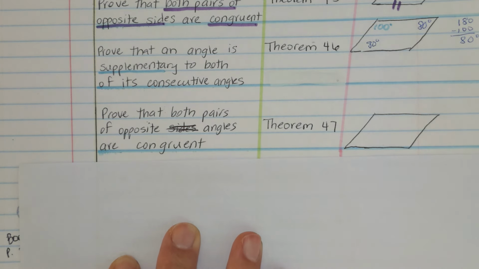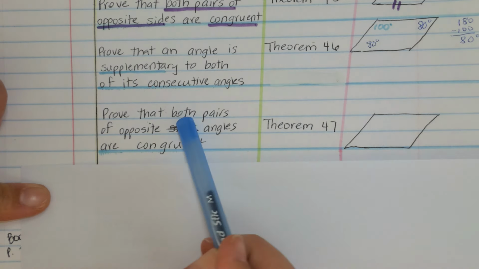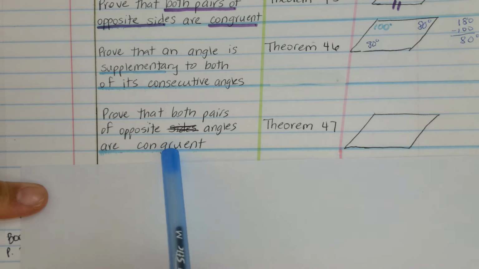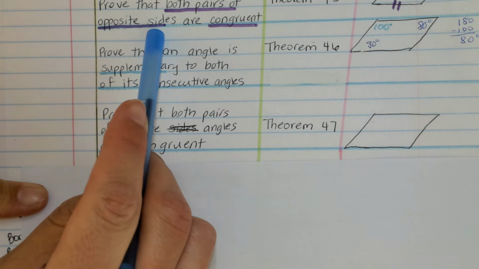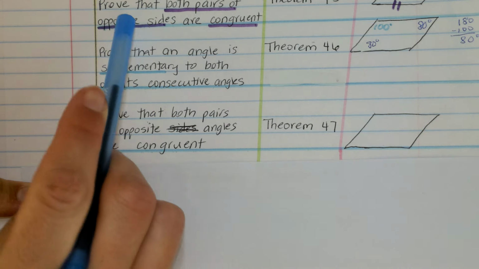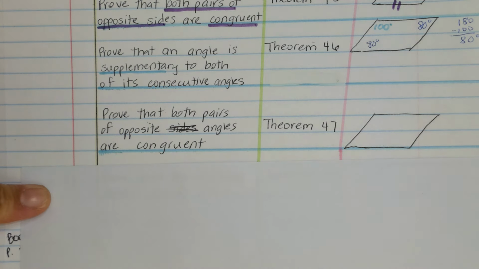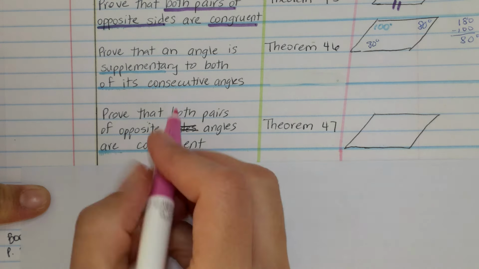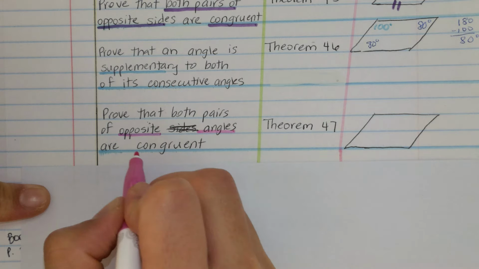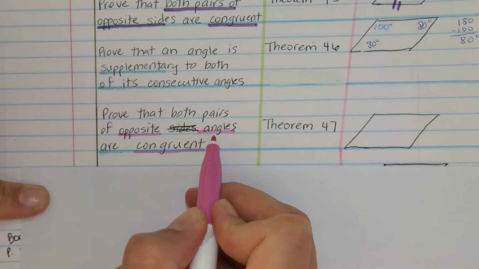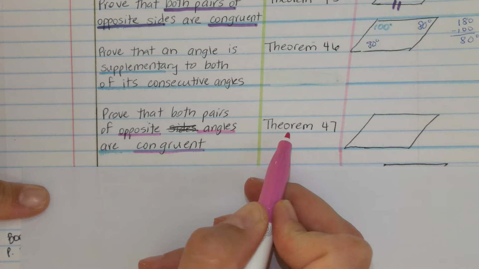All right, here's another one. Pause as needed. Prove that both pairs of opposite angles are congruent. You can see I accidentally wrote sides, because there is one up above about opposite sides. You could prove from up above that both pairs of opposite sides are congruent, or for this one, that both pairs of opposite angles are congruent. Remember, the way we mark angles congruent is with arcs. This is based off Theorem 47.